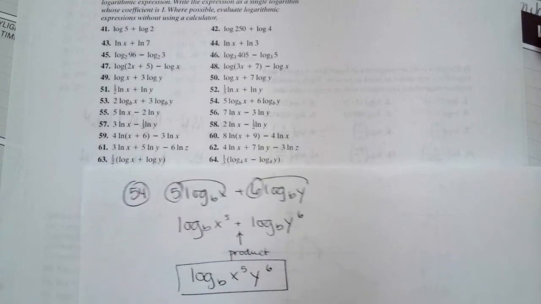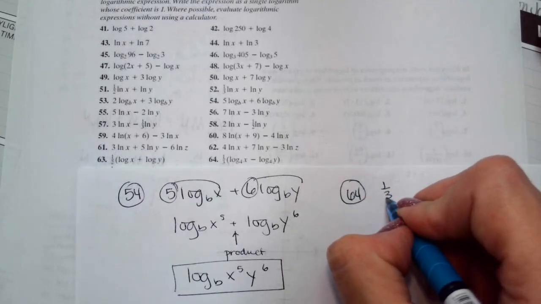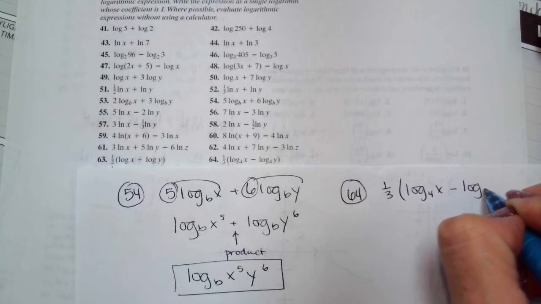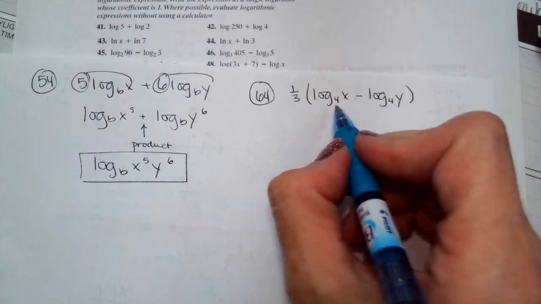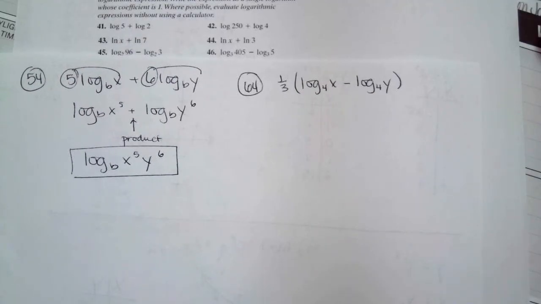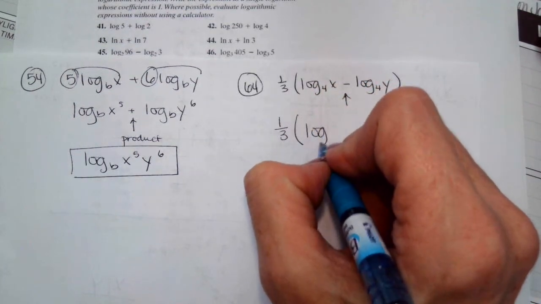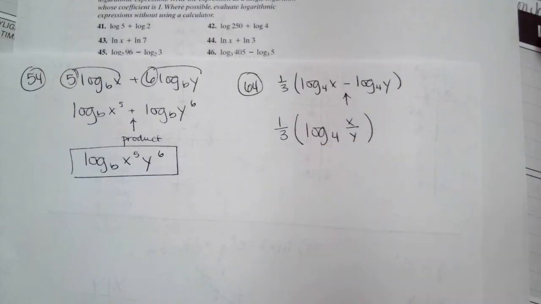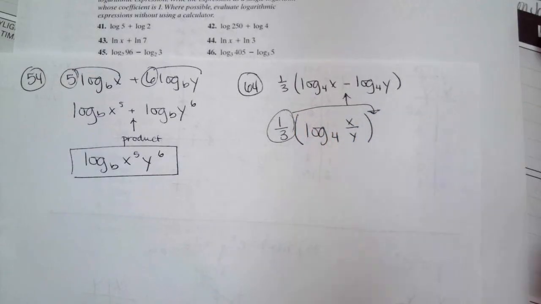Let's do 64. 1/3 times the quantity log base 4 of x minus log base 4 of y. All right, so I'm going to do the stuff on the inside of the parentheses first. So that means I'm going to address that quotient. So then I have 1/3 times log base 4 of x divided by y. Now this is the power, so that's going to go up here.